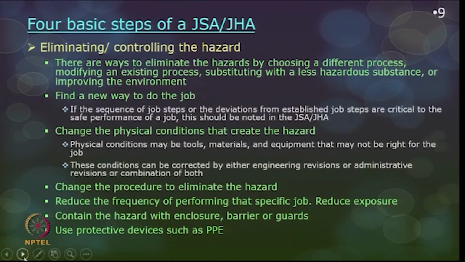There are many ways to eliminate the hazard. Maybe you can modify the existing process, you can substitute with a less hazardous substance, or improve the environment, or promote more safety measures and so on. So find a new way to do the job.